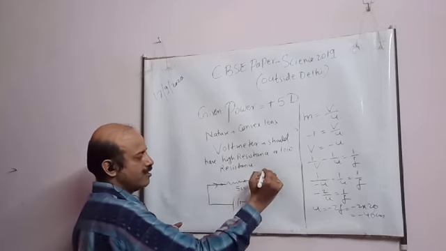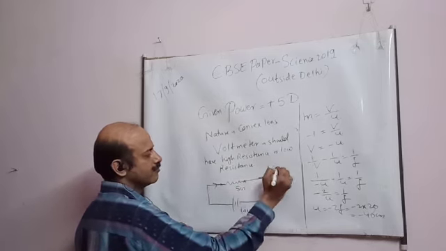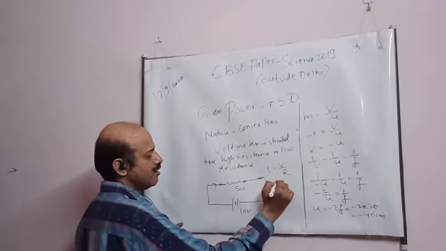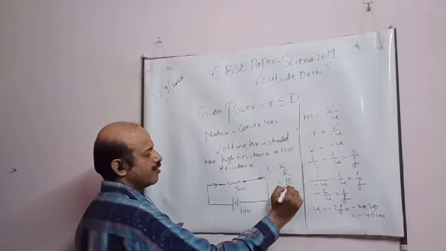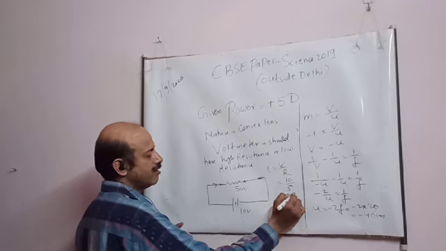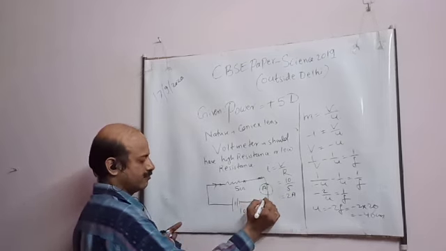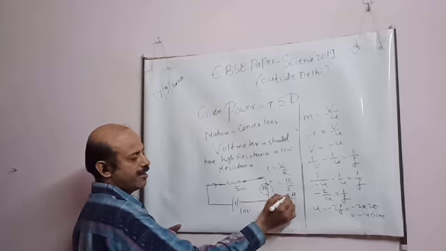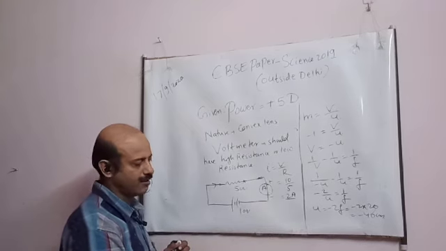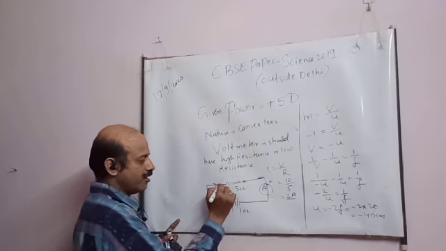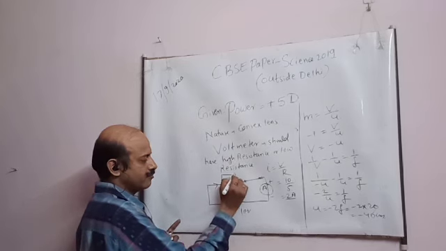So how much is the current, student? 10 upon 5, it is 2 ampere. So if I connect an ammeter here, it will read 2 ampere current, student, okay? Now suppose, student, I connected a voltmeter here.